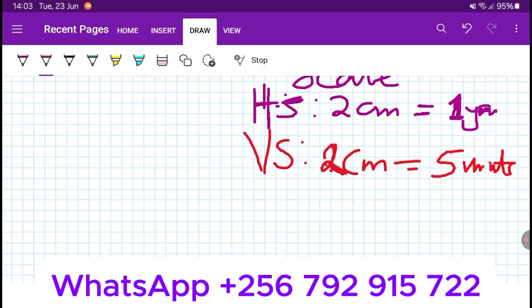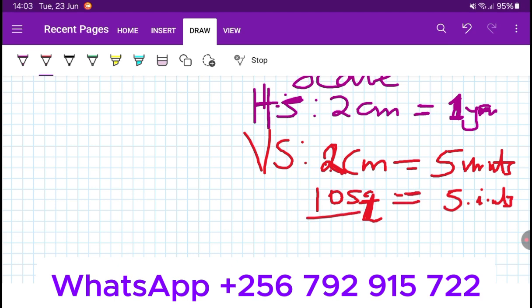Now you find that in the 2 centimeters we have 10 small squares. In 1 centimeter we have 5 squares. So if the 10 squares are going to be representing 5 units, the question is, what about the 1 square?